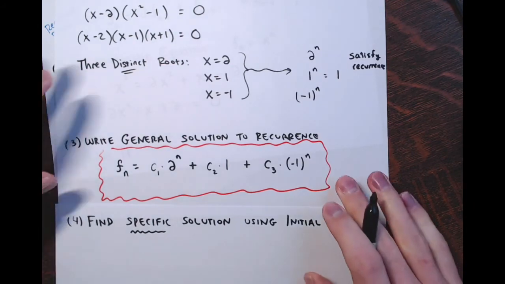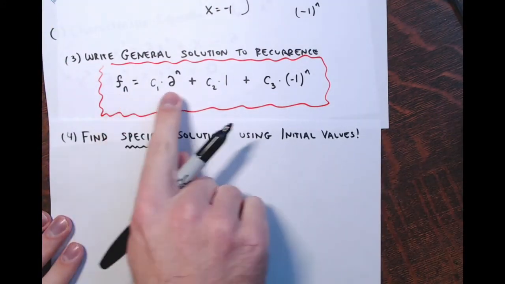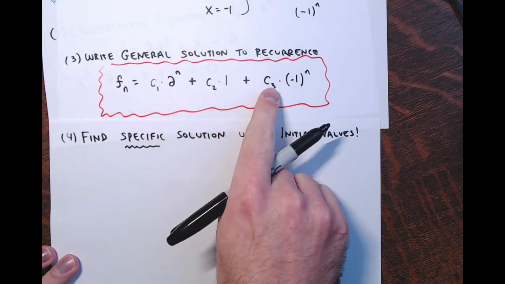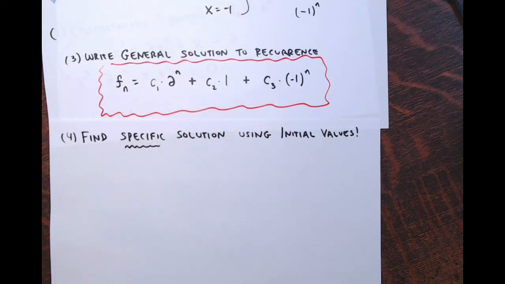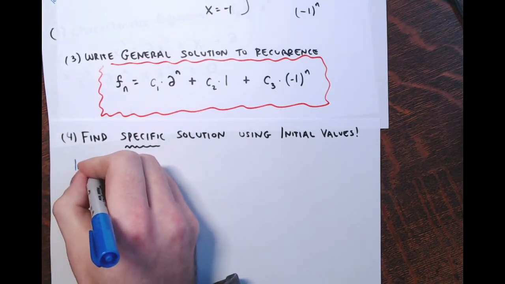All right, so here is my general solution from step 3: C1 times 2 to the nth, plus C2, plus C3 times -1 to the nth. And remember those initial values, I'll write them again here.